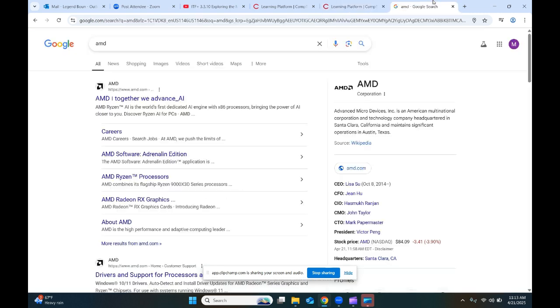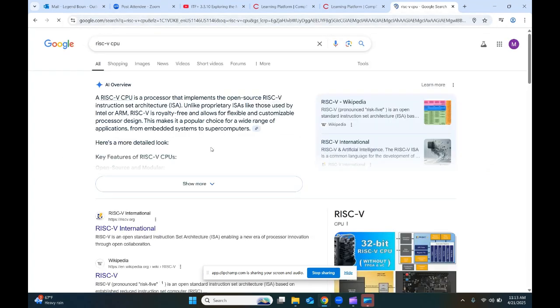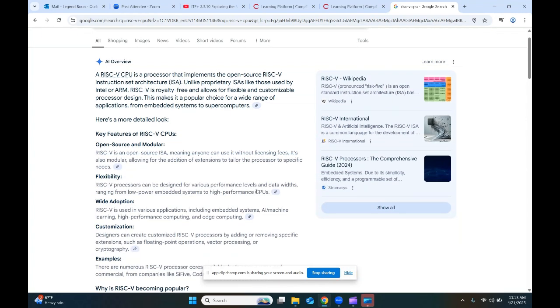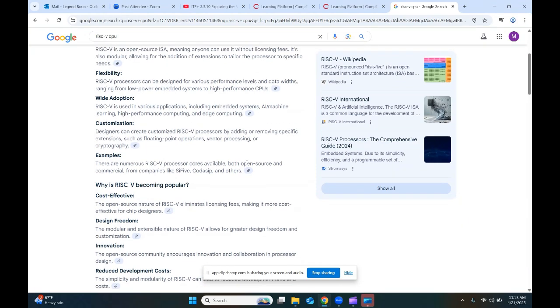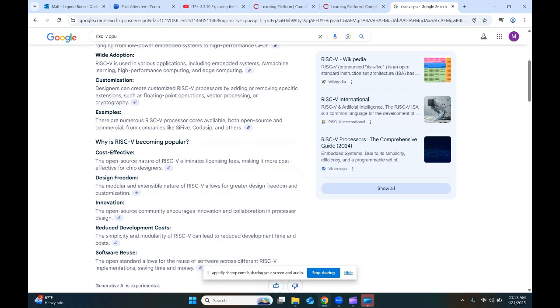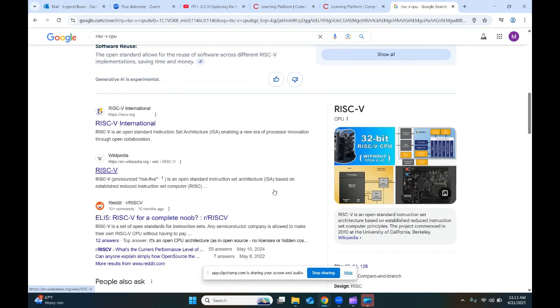ARM is a RISC CPU. What it is, is it's harder to program a RISC processor. It needs more direct instructions.